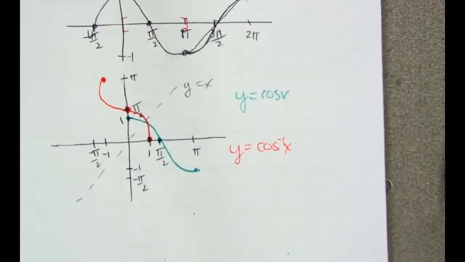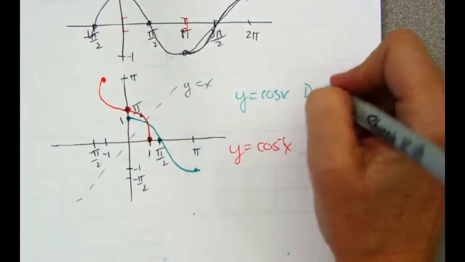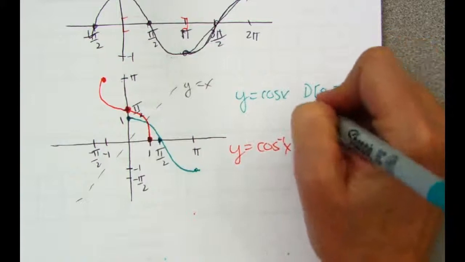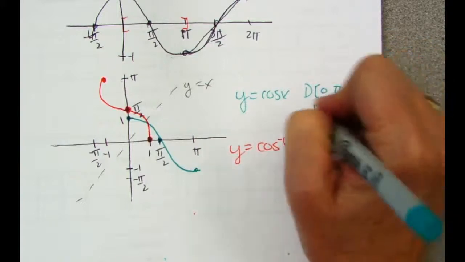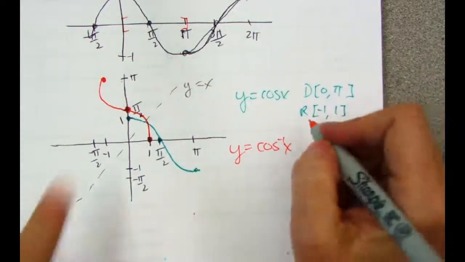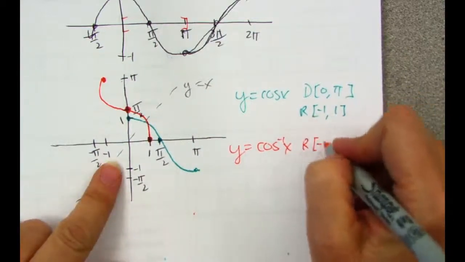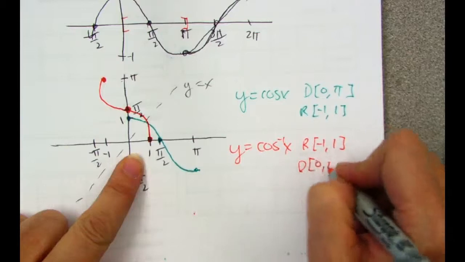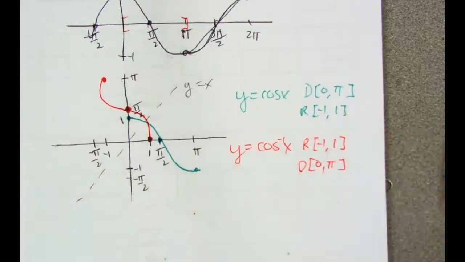The domain of this restricted one was from 0 to pi, and negative 1 to 1 was the range. So now the range for the orange one is from negative 1 to 1. Oh yeah, that's true. And my domain should be from 0 to pi. Oh, that is correct. It does match up.